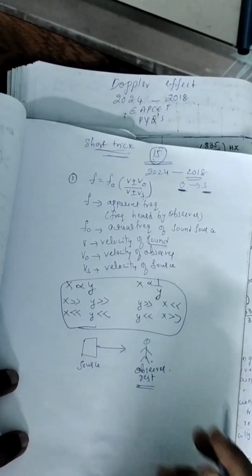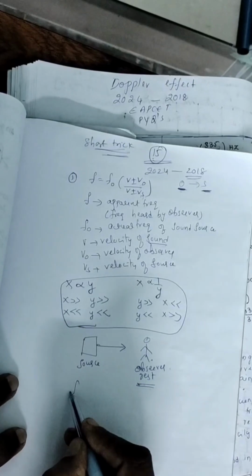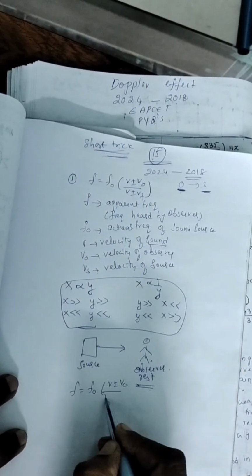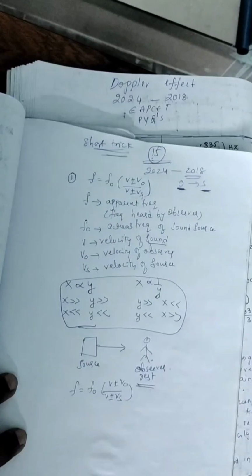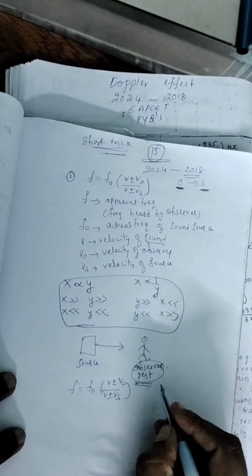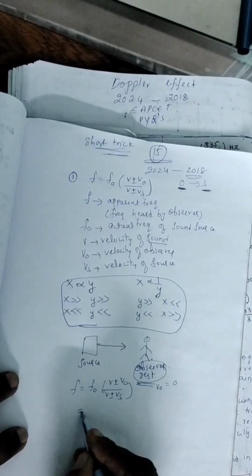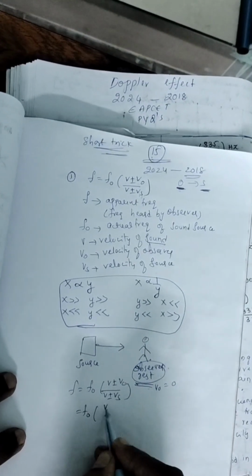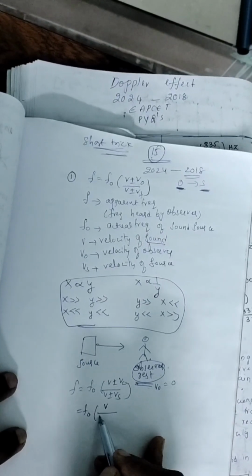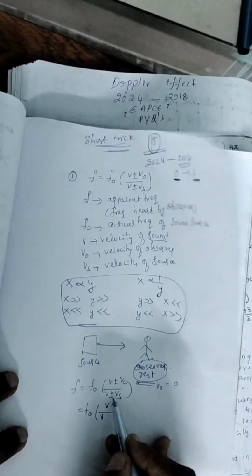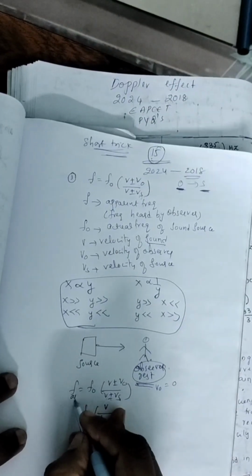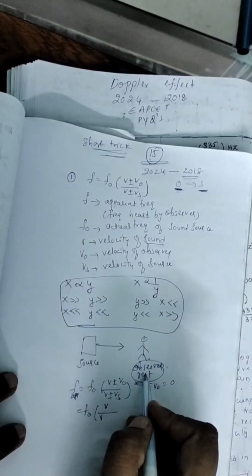Now what is our formula? f0 (v ± v0)/(v ± vs). Here observer at rest means v0 = 0, so you remove v0 from the formula. Just write v divided by v plus or minus vs. Whether you have to keep plus or minus, this is the apparent frequency heard by the observer.